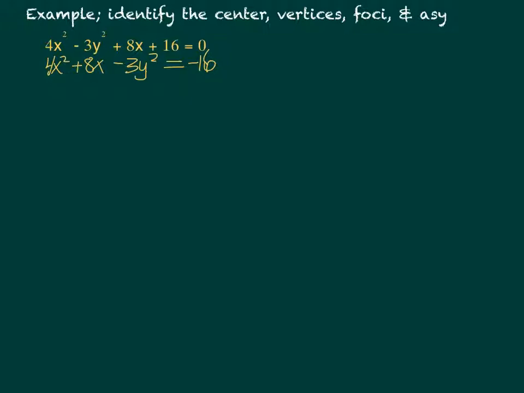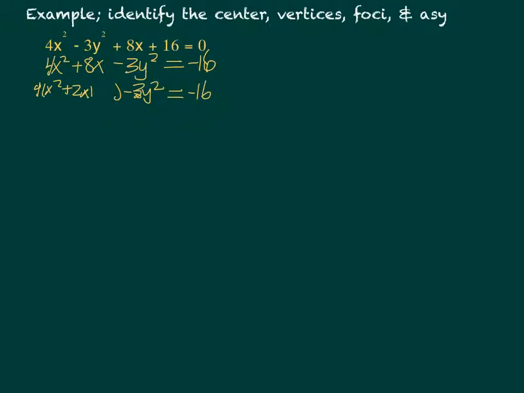Now I can complete my square, so I factor out a 4x squared plus 2x, and then minus 3y squared. That one square is already completed, so we don't have to do anything, equals negative 16.